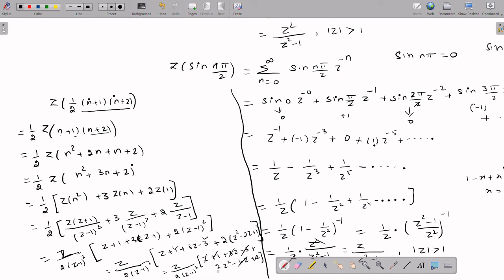Which is equal to z into 2z squared by 2 into z minus 1 the whole cube, the 2 gets cancelled, and we get z cube by z minus 1 the whole cube. This is the Z transform of 1 by 2 into n plus 1 into n plus 2.